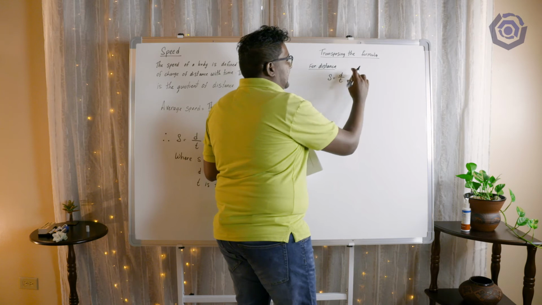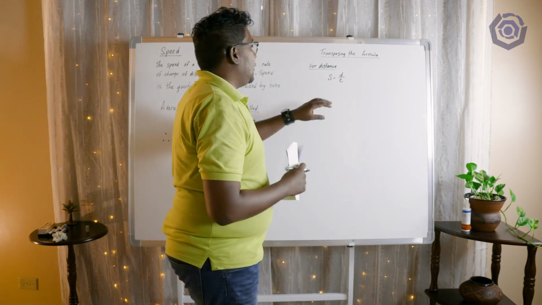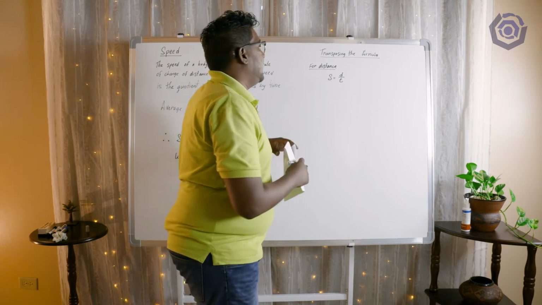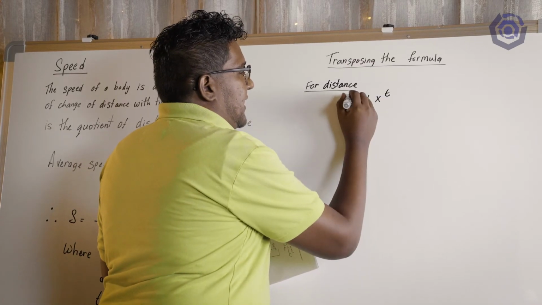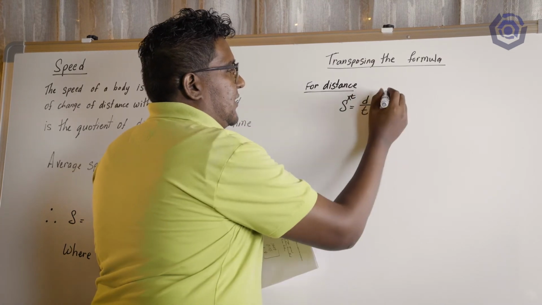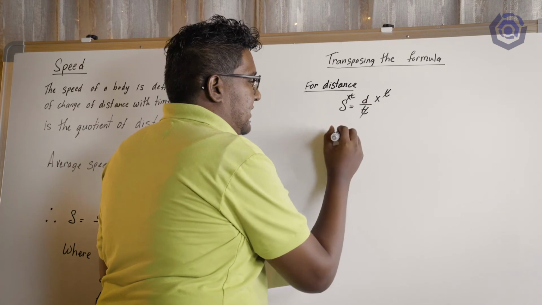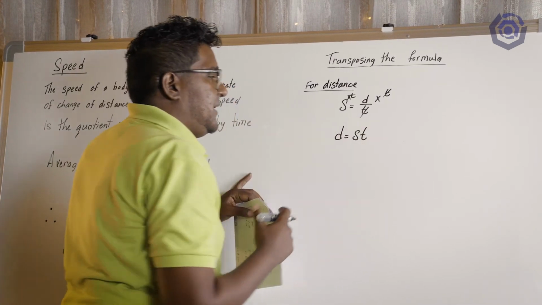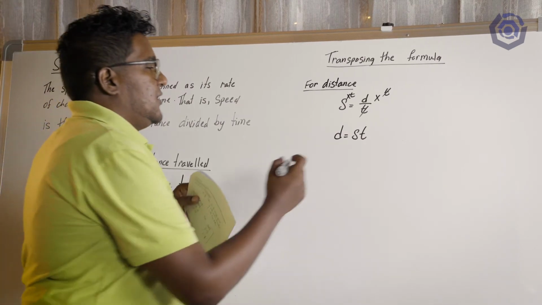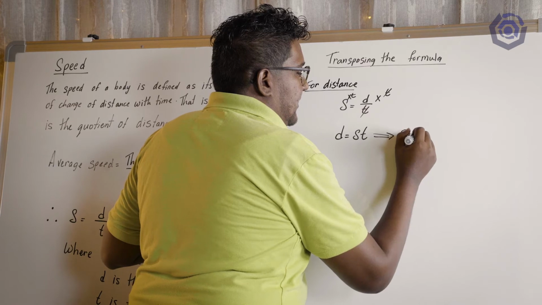So since I want d alone on this one side, therefore I have to move time. And the only way I could move time is by multiplication. So I multiply here by t, and I do the same on this one side. T and t would cancel out each other. So what I have is d is equals to the speed, the average speed times the time. So this is the formula we use to find the distance.